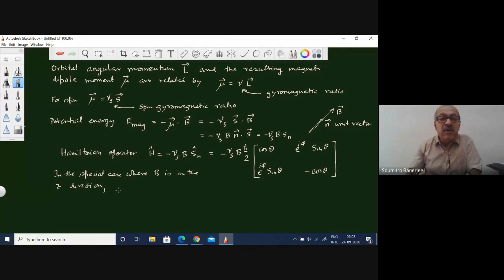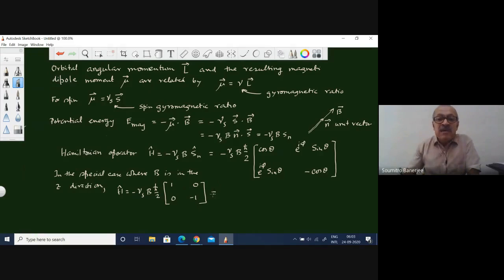Your Hamiltonian simply becomes minus gamma S B h cross by 2 times 1 0 0 minus 1.